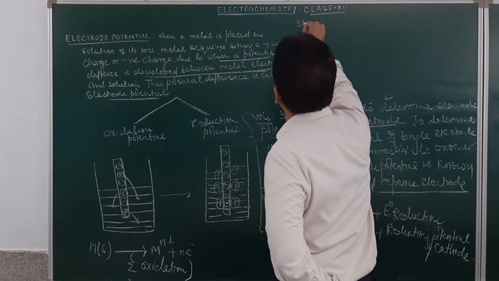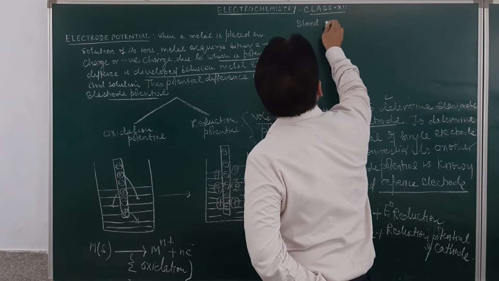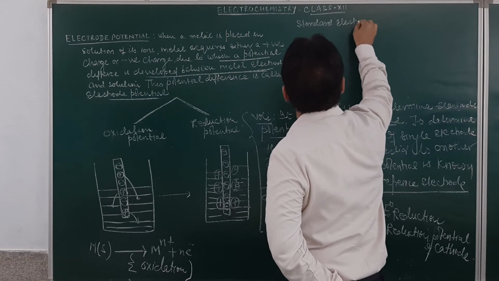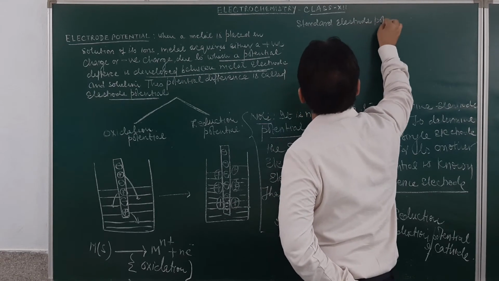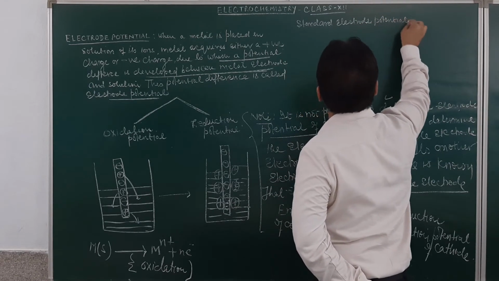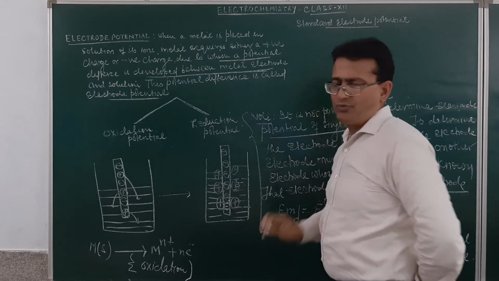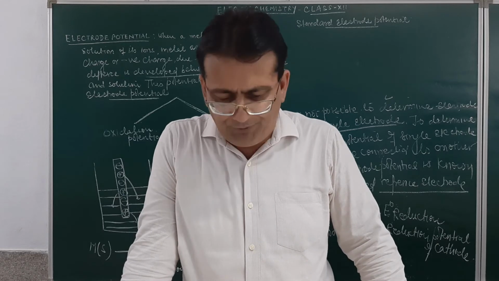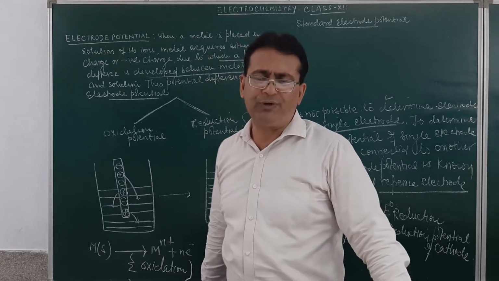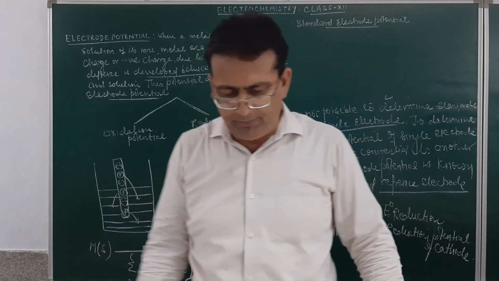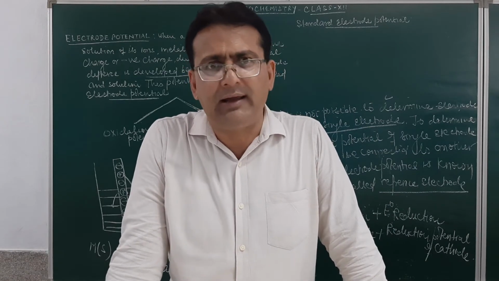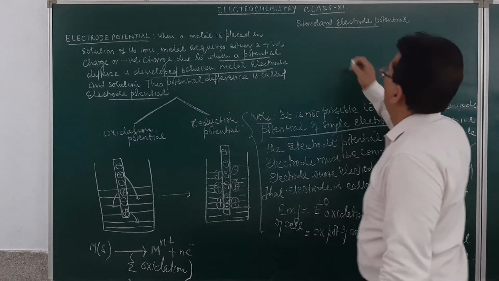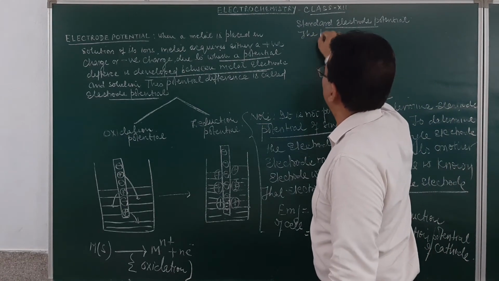That is the potential difference developed between the metal electrode and the solution of its ions of 1 molarity and at 25 degrees C.